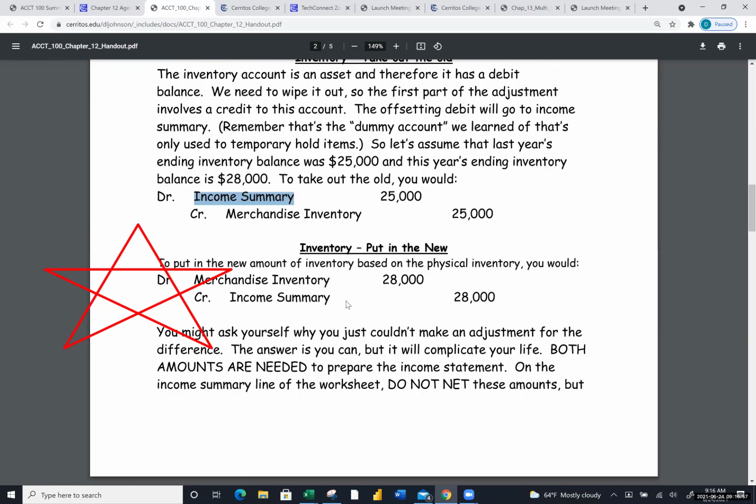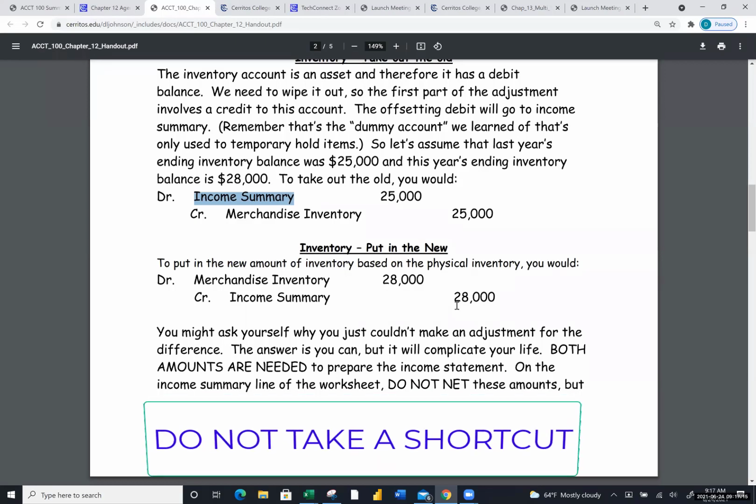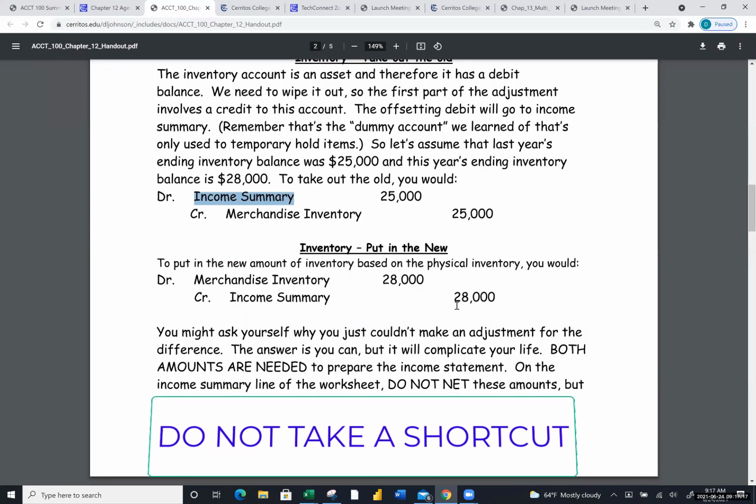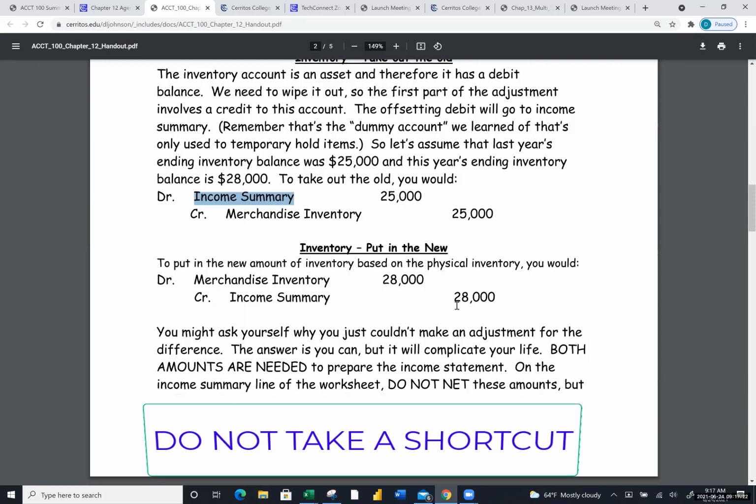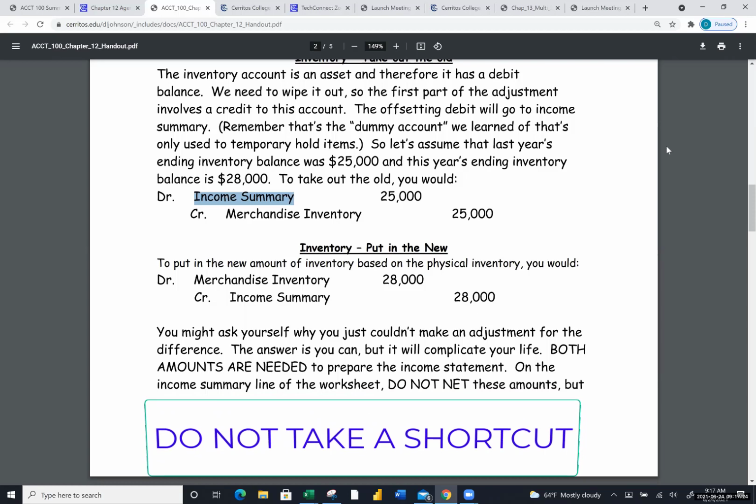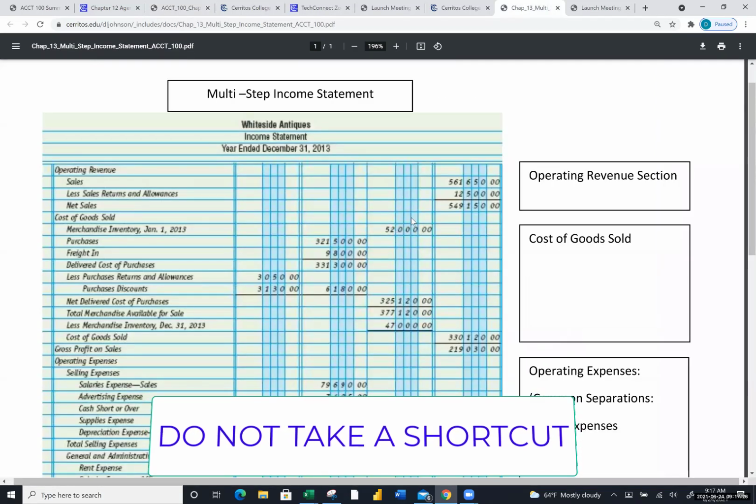But here's what some people do. And I think I was in this seat too when I was learning about accounting. If I knew that there was 25,000 in inventory and I needed to adjust the inventory to be 28,000, what this brain would have done way back when I was in school is say, well, hey, the difference is 3,000, let's just make an adjustment for 3,000. The reason that doesn't work is because, as you saw on that cost of goods sold, let me put it back up right here, we don't need just the 3,000 change.